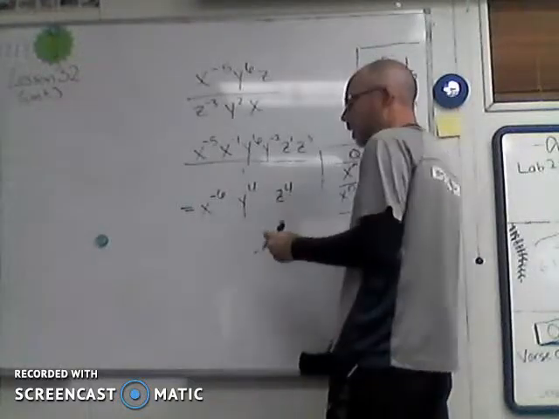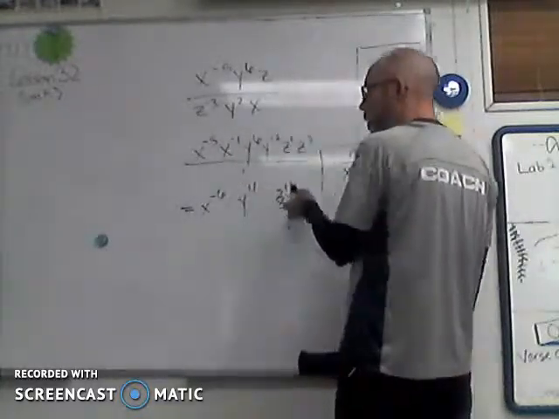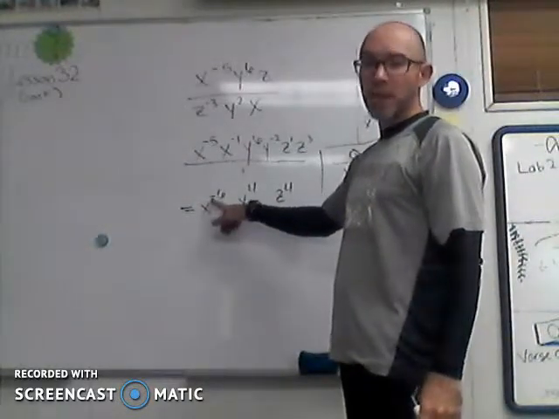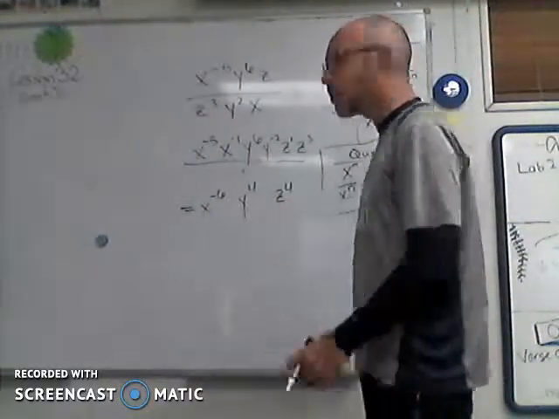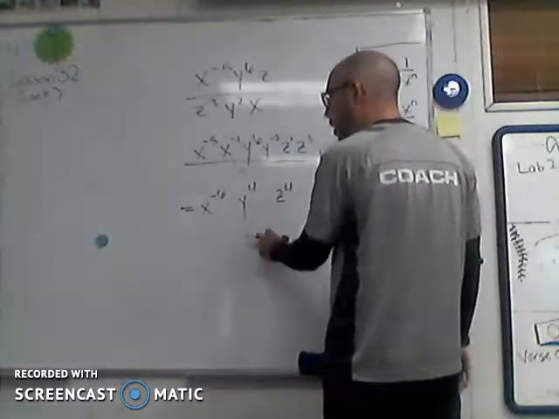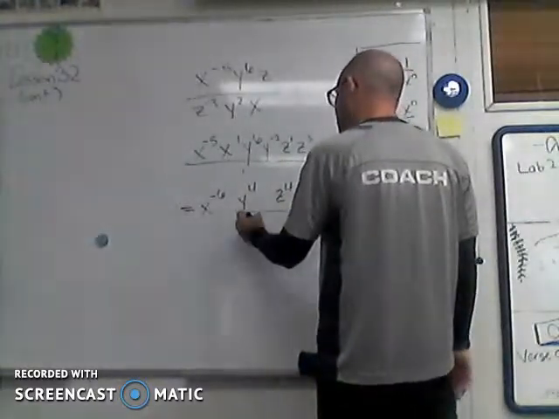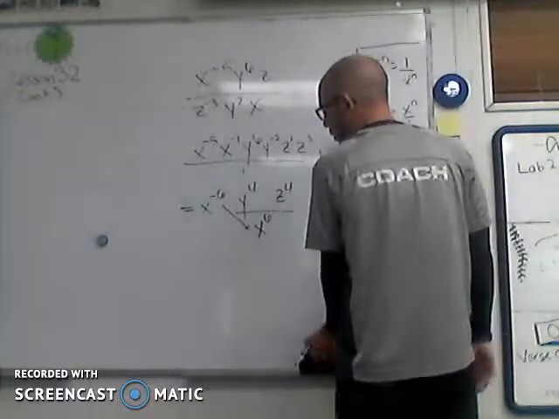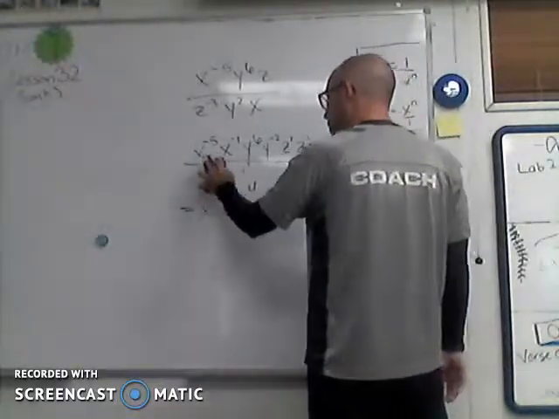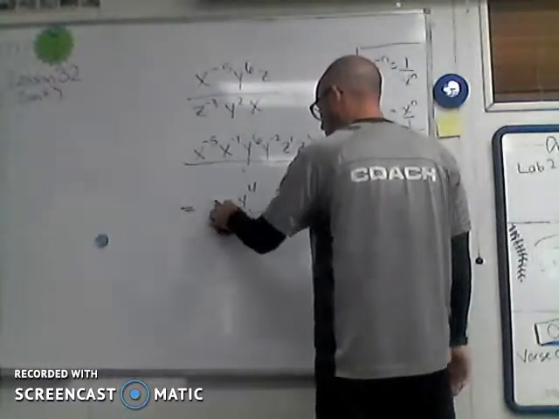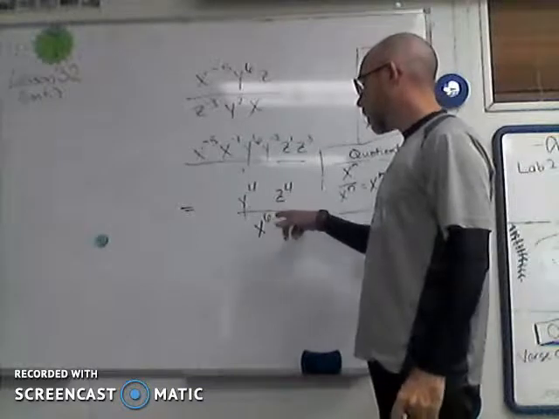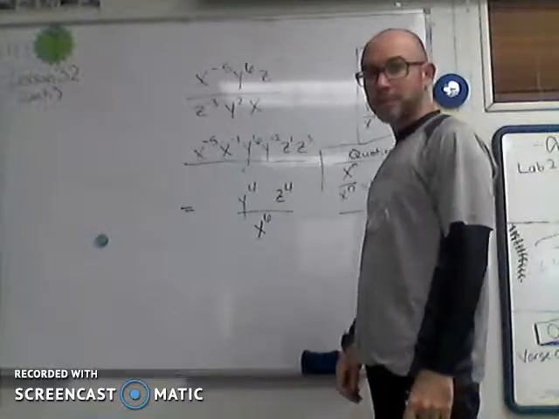Now, I've just got one exponent on each of those variables, but it's not preferable to have that negative there. So I've got one more step: drop this back down to the denominator and change its sign. It comes down here and becomes x to the positive 6. Now everything has one exponent, and everything is positive.